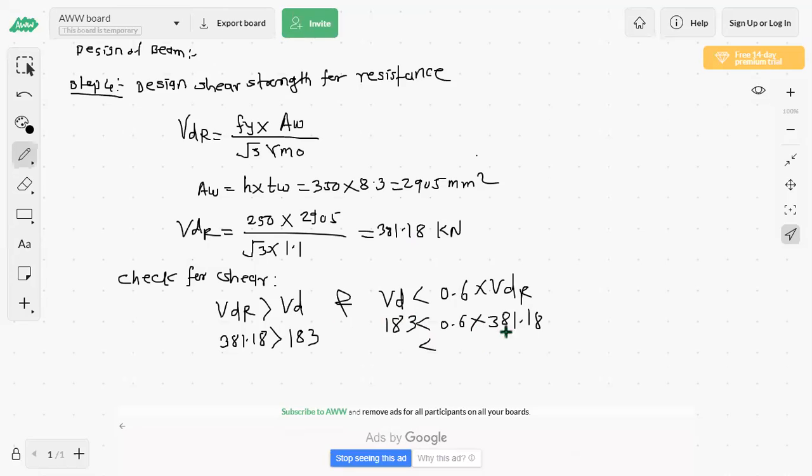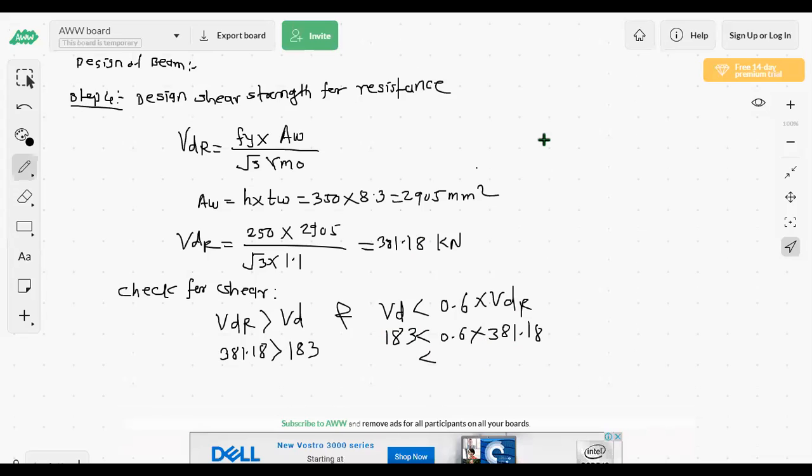So how much is this value? 0.6 into 381 is 228.71.